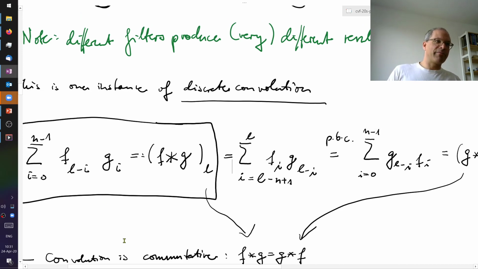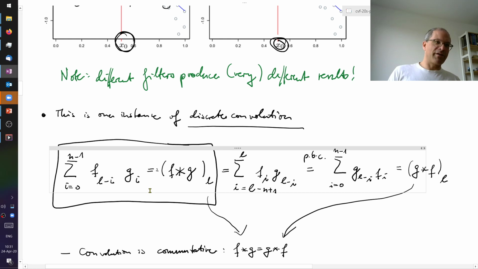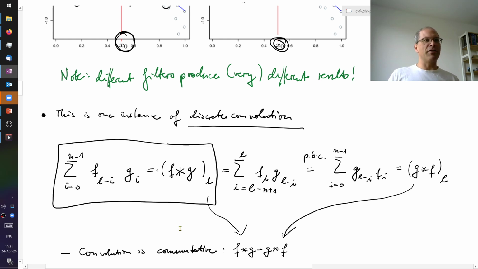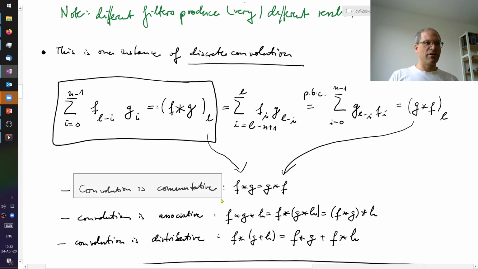And actually, if you work with signals of infinite length, or if you use periodic boundary conditions, which is what this PBC here means, then it turns out that F convolved with G at location L is the very same as G convolved with F at location L. In other words, convolution is commutative.